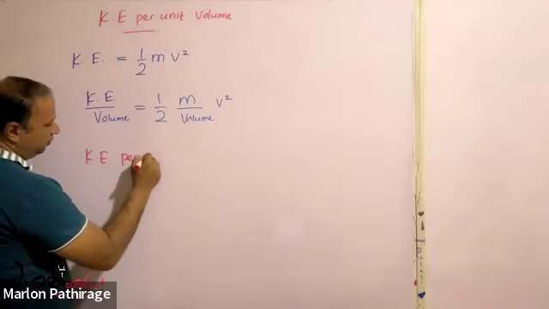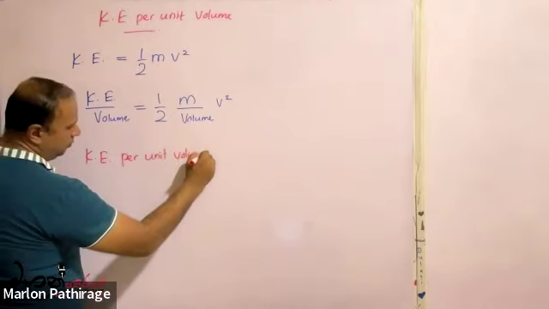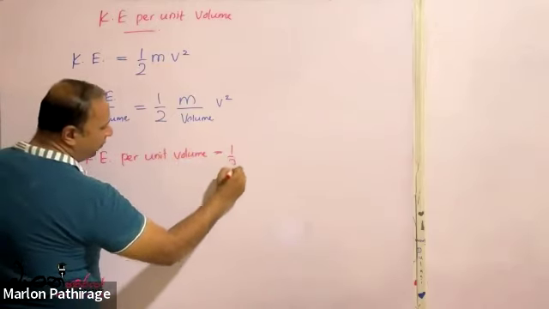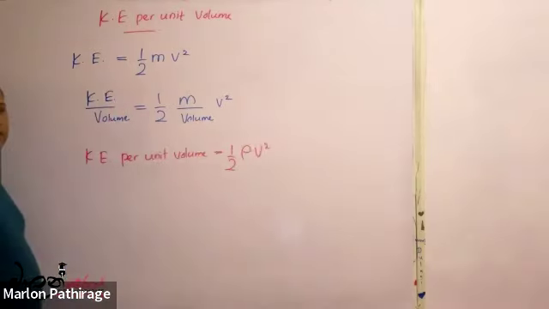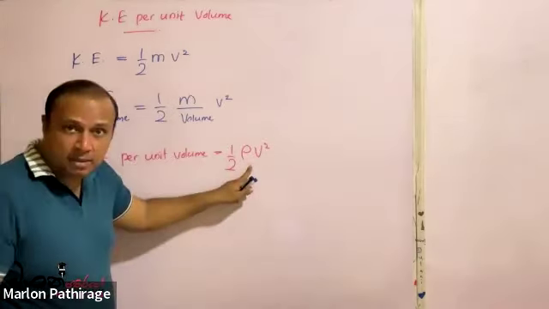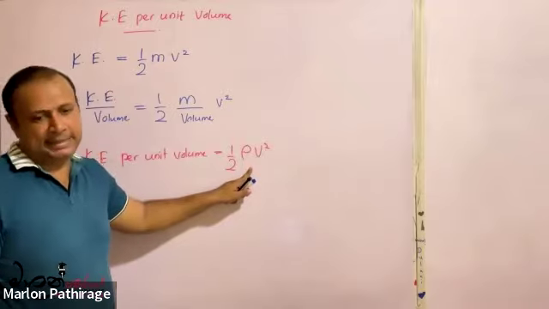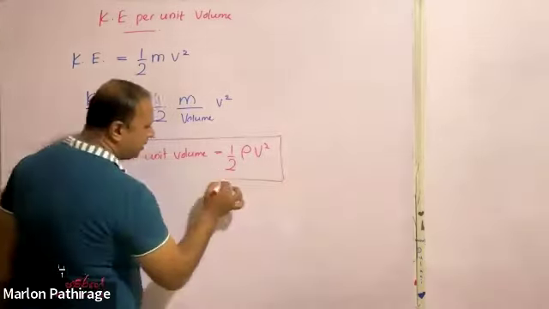Therefore, kinetic energy per unit volume is equal to half rho v squared, where rho is density. Instead of mass, we can use density here.